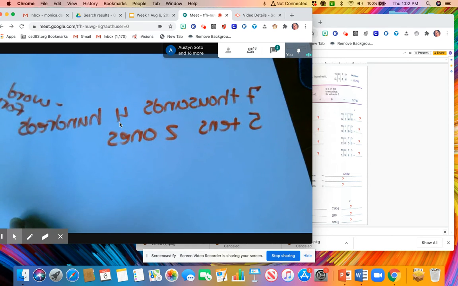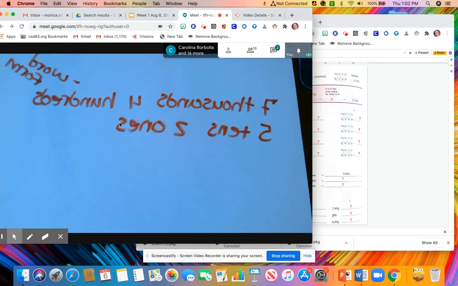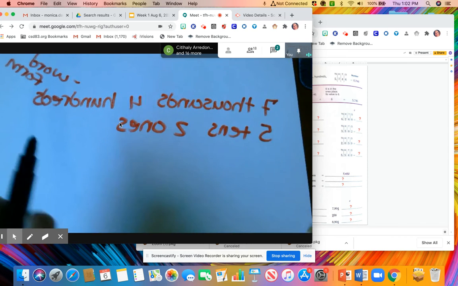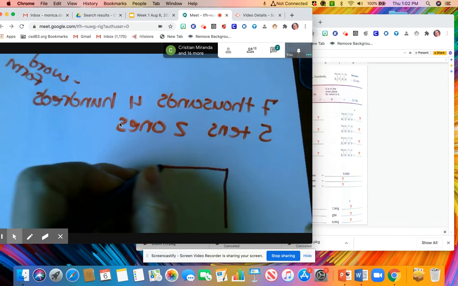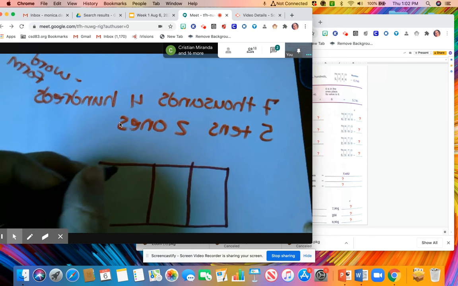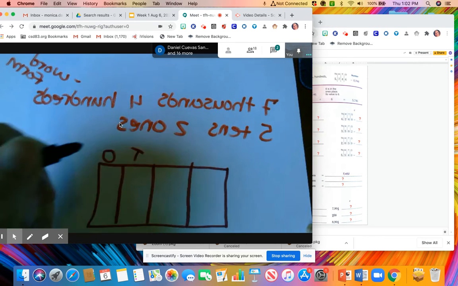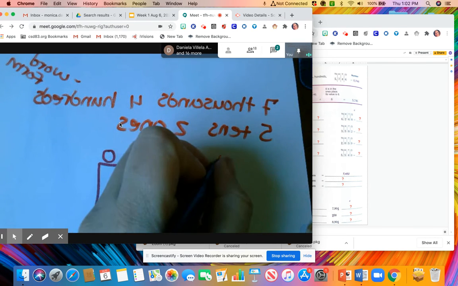So what I like to do, if it helps me, because I'm a visual learner, I want to actually draw the place value chart and plug those numbers in myself. Okay, so I know this is my ones, this is my tens, this is my hundreds, and this is my thousands.